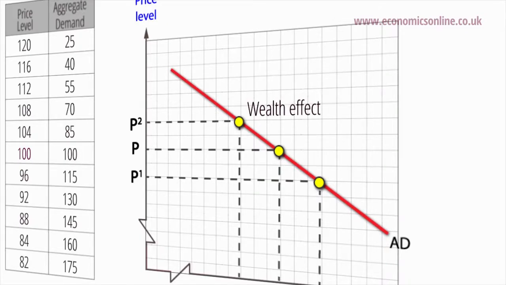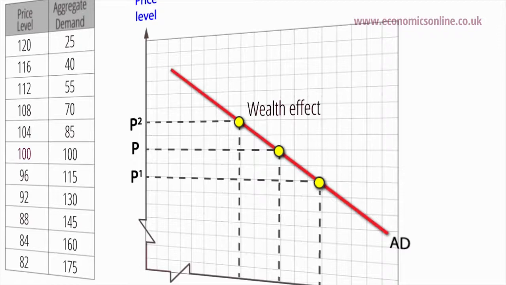Secondly, a lower price level means households and firms need to keep less of their assets in a liquid form and can deposit excess assets with banks as savings or purchase stocks and shares or, in the case of firms, buy bonds. This extra liquidity in the financial system puts downward pressure on interest rates, which can stimulate investment and consumer spending.